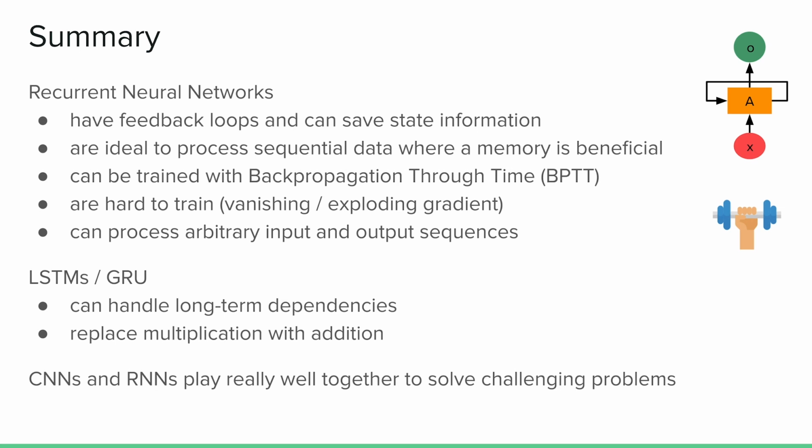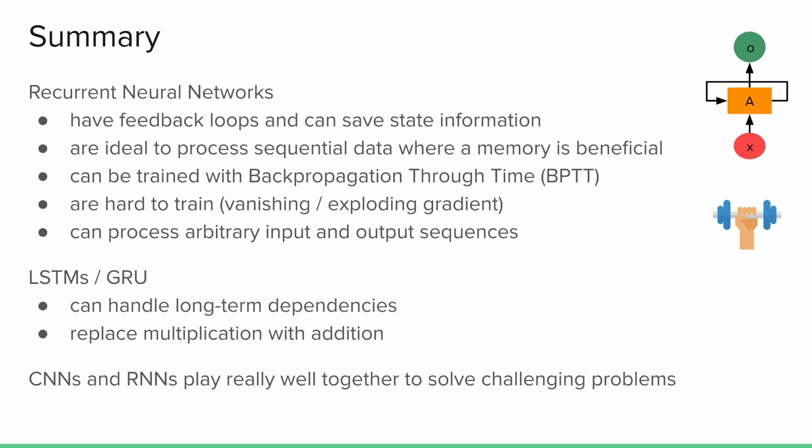And to kind of combat some of these vanishing and exploding gradient problems, there are some ideas of special cells, special kinds of ways to construct a neuron. So it's not just a single multiplication and adding a bias term, but something more complex. One example would be the LSTM cell that allows us to handle long-term dependencies between multiple input sequences.